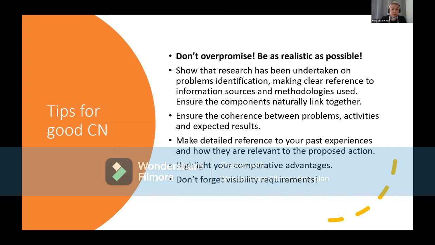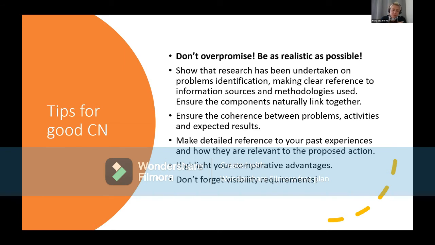You should show that you have made research on the problem identification. You have to make clear reference to information sources and methodologies that you have used. And you should ensure that components that you're proposing naturally link together.